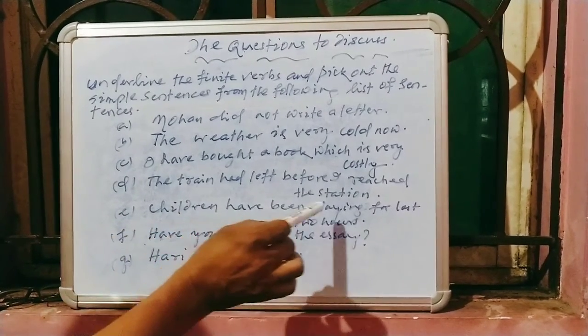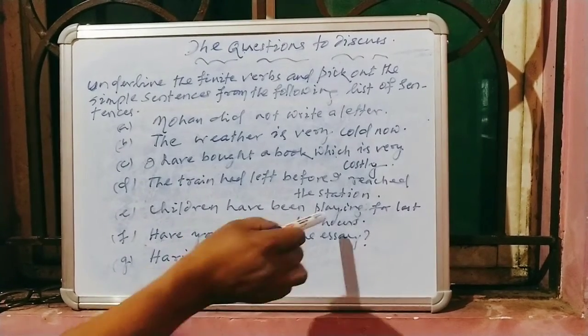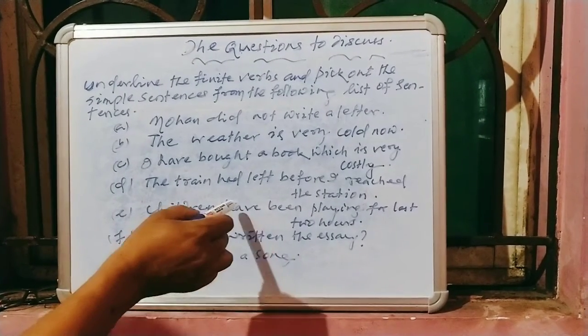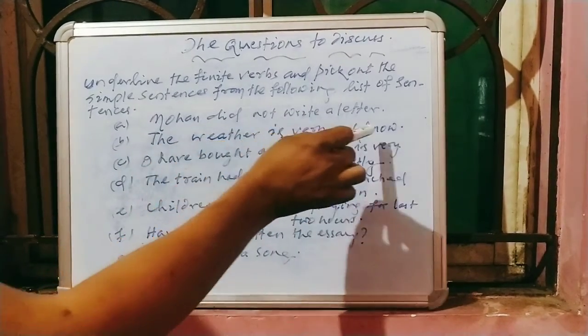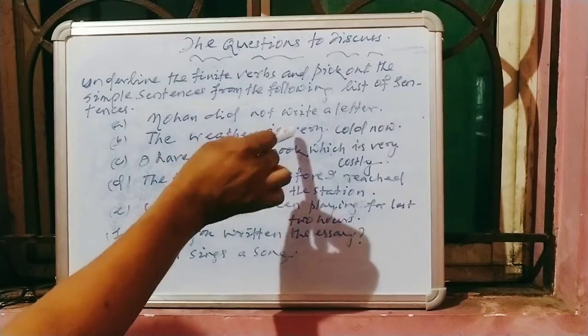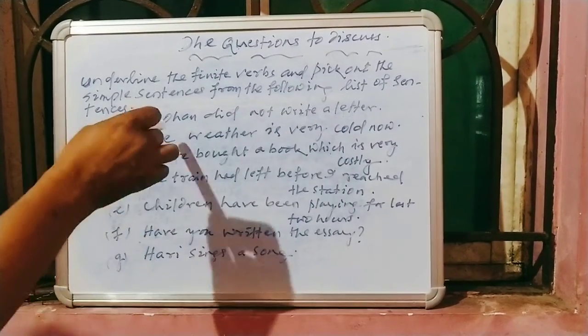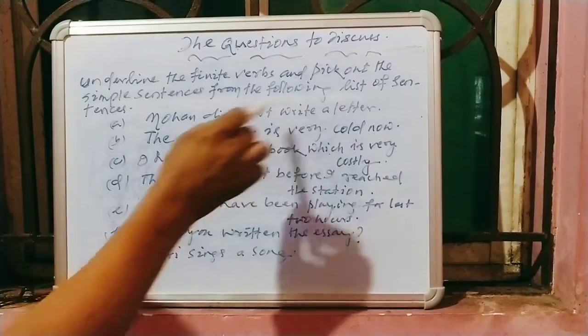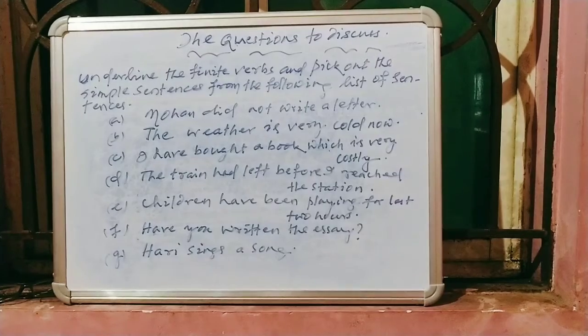And here children have been playing for the last 2 hours. Have is the only finite verb, so that it is a simple sentence. And also we have here the weather is very cold now. Is here the finite verb, so that it is a simple sentence. Only one finite verb is there. And Mohan did not write a letter. It is also a simple sentence having one finite verb, that is did.